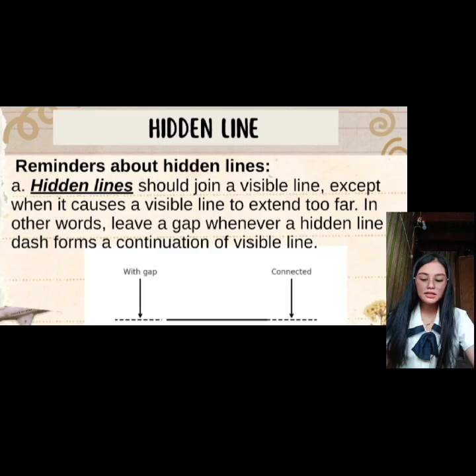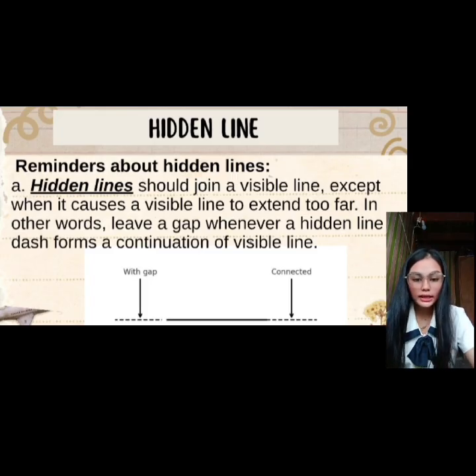So it means that if a dashed line touches a solid line, it should normally connect. But if it makes the solid line confusing or too long, stop the hidden line just before it reaches the solid line. As you can see in the example below, there is with a gap and connected.